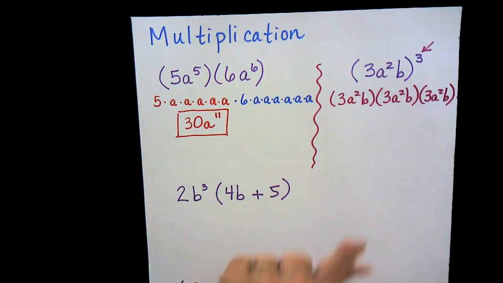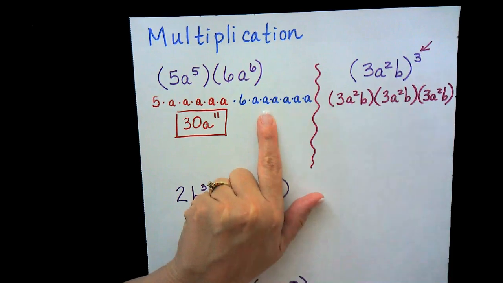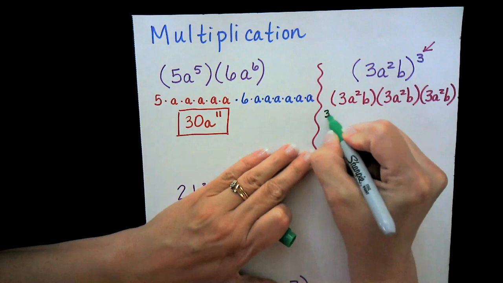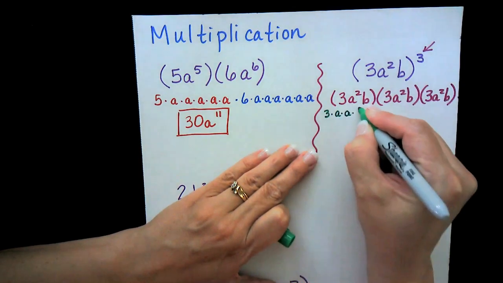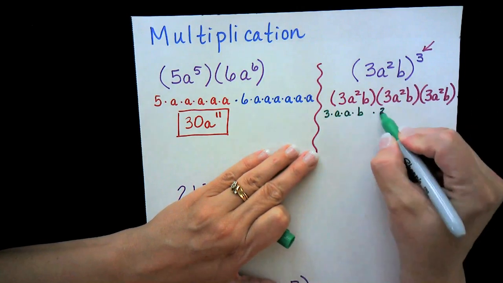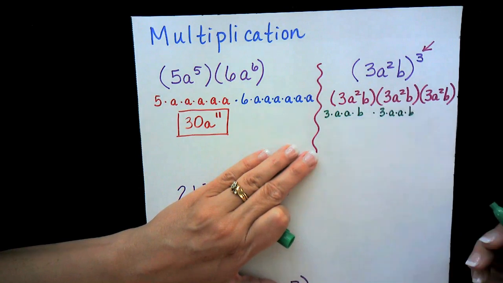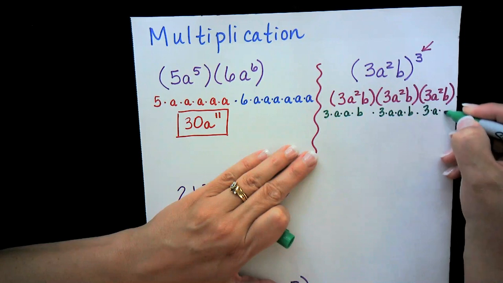Okay? Now, if you want to think of it like this, think about what that means. That means 3 times a times itself twice times b. And this one means the same thing, 3 times a times itself twice times the b. And this one means the same thing, times a times b.